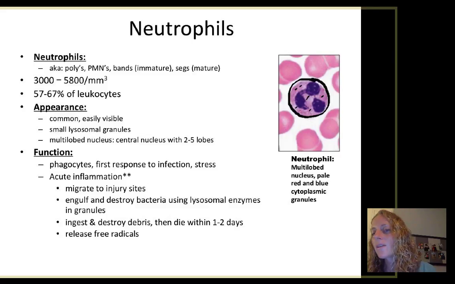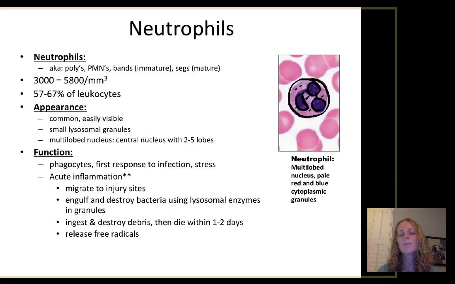And if you look at the nucleus, it's a very unusual nucleus. It's not a single circle. In fact, it's multi-lobed. So here we have 1, 2, 3 lobes in this neutrophil. So it's multi-lobed, and it has pale red and blue granules within the cytoplasm.